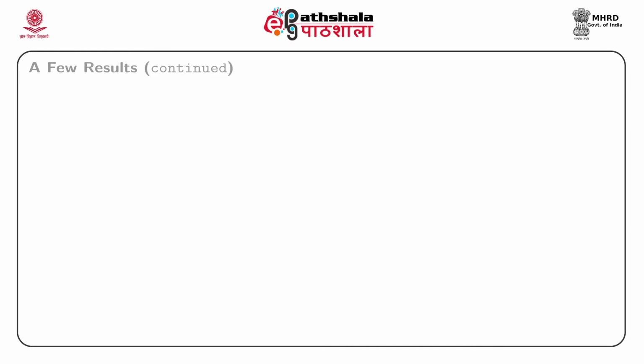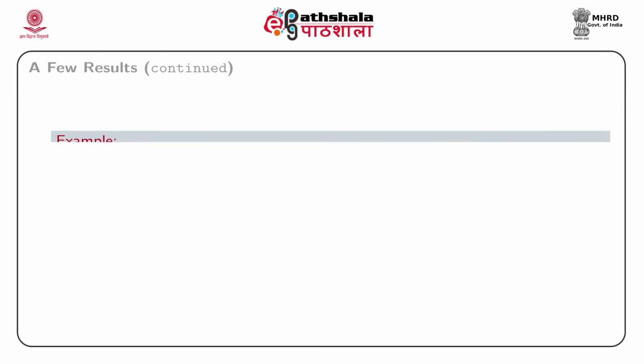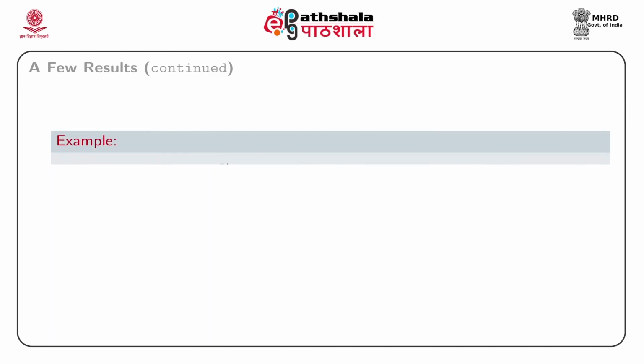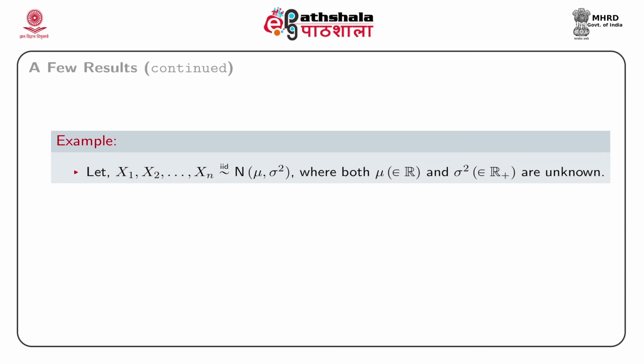Let us consider an example. Suppose X1, X2, up to Xn are IID normal random variables with parameters μ and σ². Here θ equals (μ, σ), and both μ and σ are unknown. μ belongs to the real line, σ greater than 0.